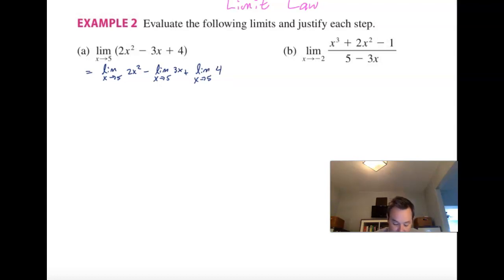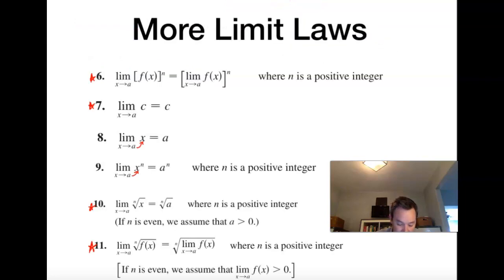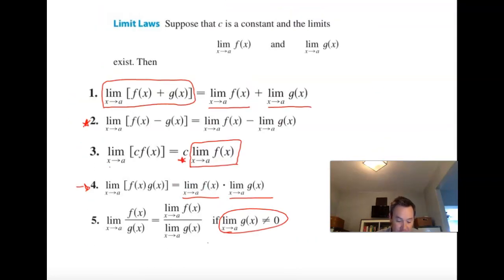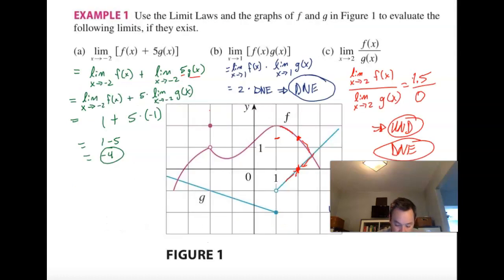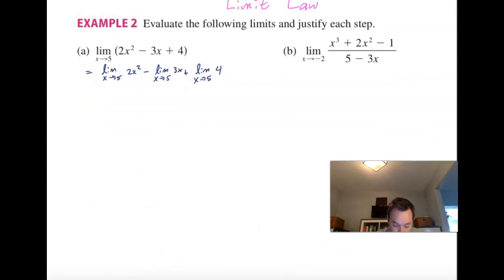All right, and then off to the side, I'm going to tell you what laws we use. So this was from the beginning. That's going to be law 1 and 2. So I'll say 1, 2. All right. So then in that first term, we have a constant multiple times our function. So there was a limit law that said, oh, you can factor out that constant multiple, right?